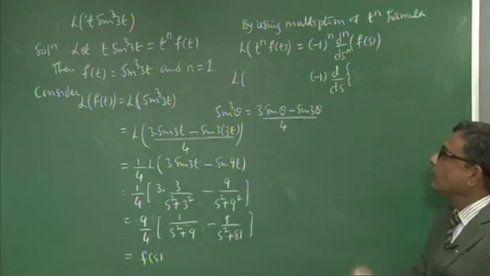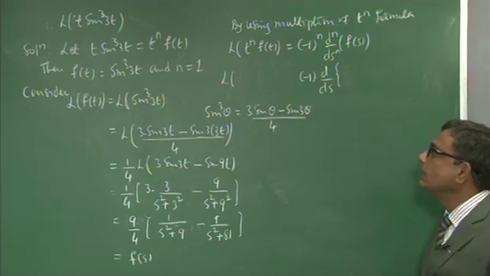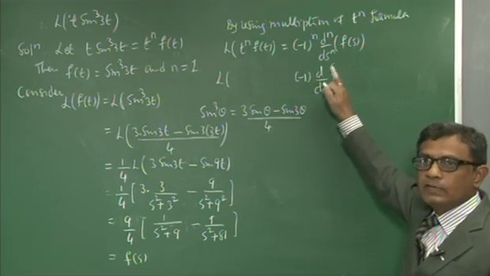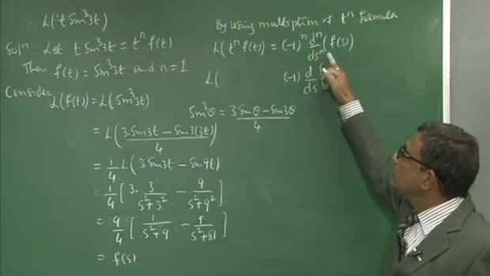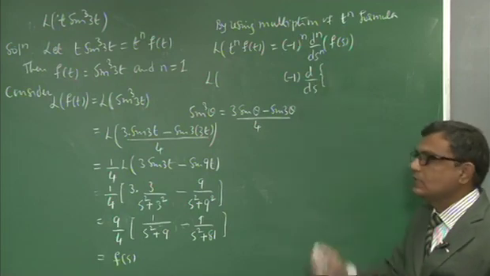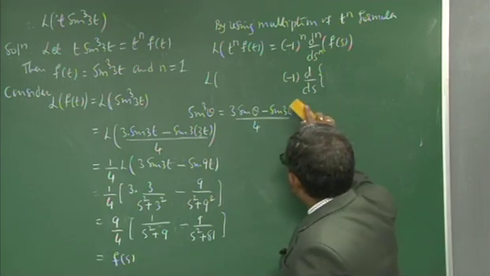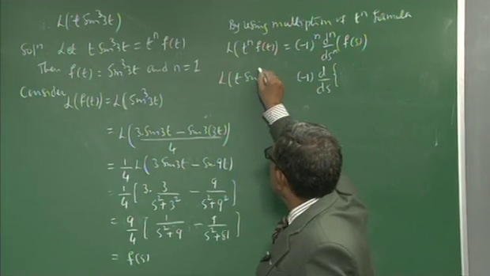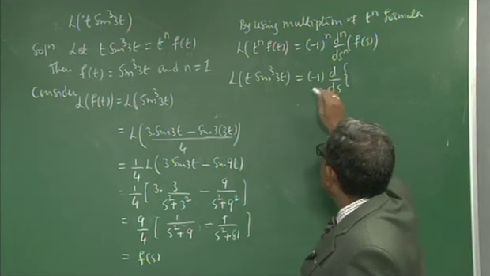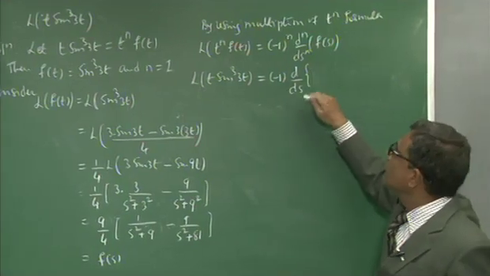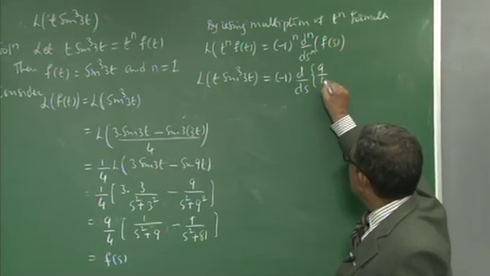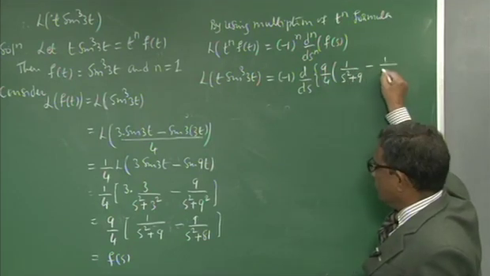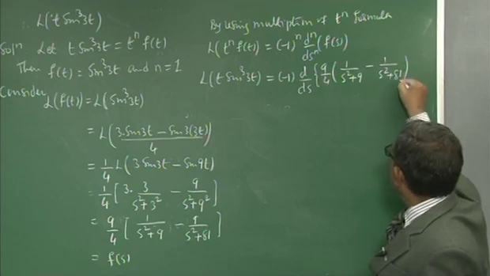Now apply the formula by using multiplication of t raised to n, L of t raised to n f of t equals minus 1 whole to the power of n, d raised to n by ds raised to n of f of s. Now substitute the corresponding values. This is L of t sin cube 3t, that is equal to, n is 1, minus 1 d by ds of f of s, 9 by 4 times 1 divided by s square plus 9 minus 1 divided by s square plus 81.